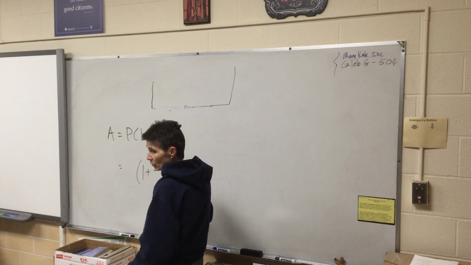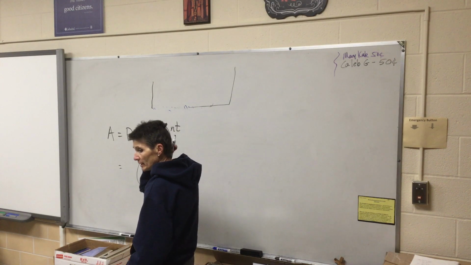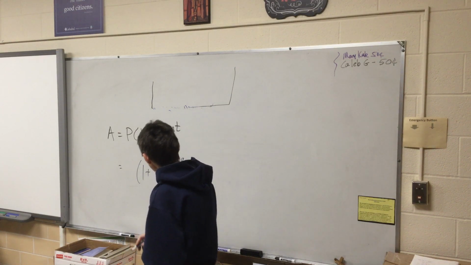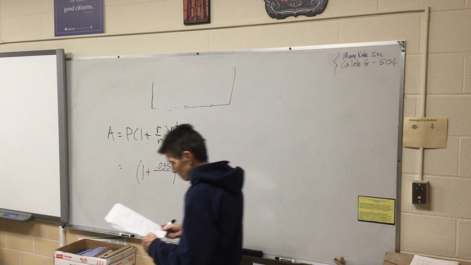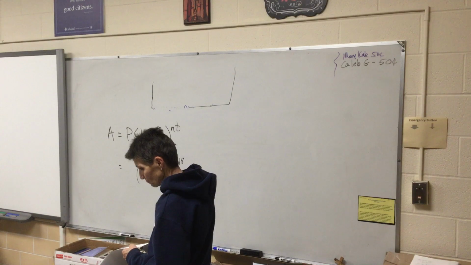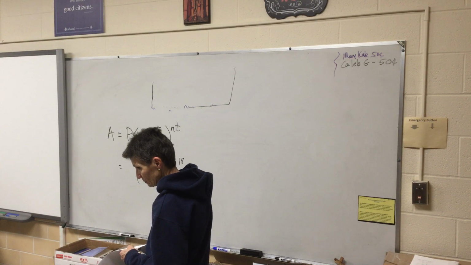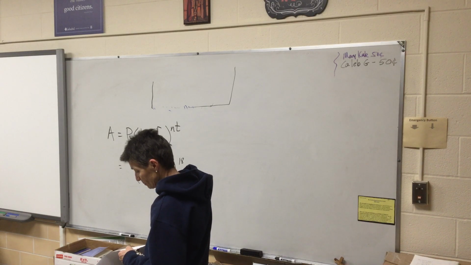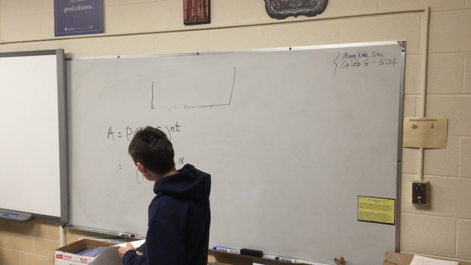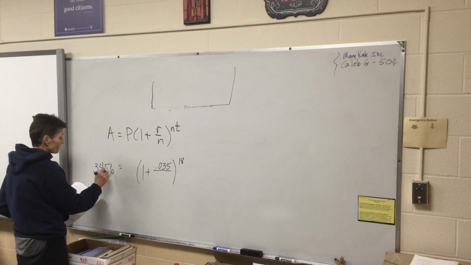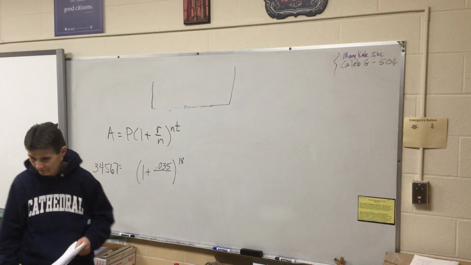And when I put that in, I don't put 3.5, I put 0.035. Yep, that's right. That's what goes in for R. Perfect. And then the A is 34567. I tried to make numbers that were easy to type in.